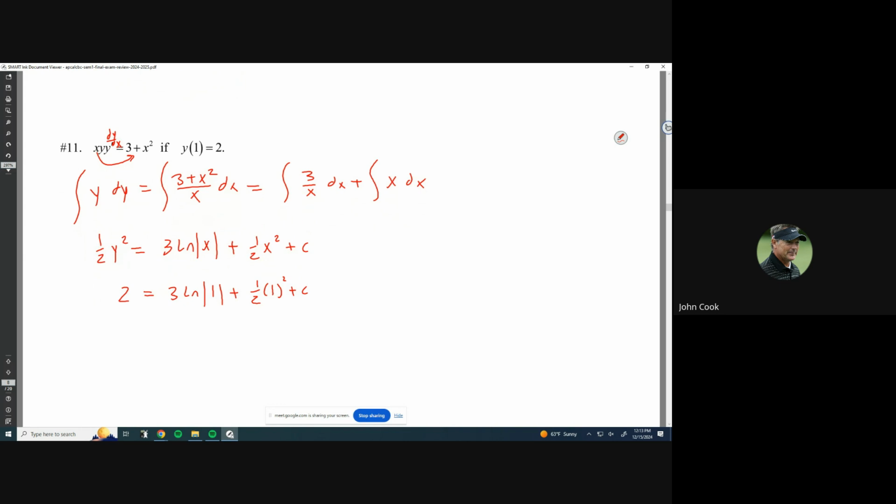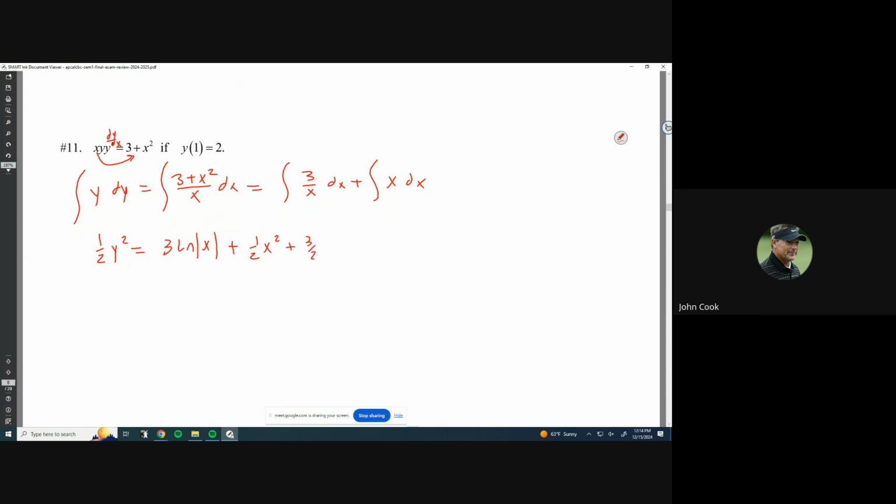Natural log of 1 is 0, so that turns into a 0, and then a half. So if I subtract a half from both sides, I get 3 halves is equal to c.